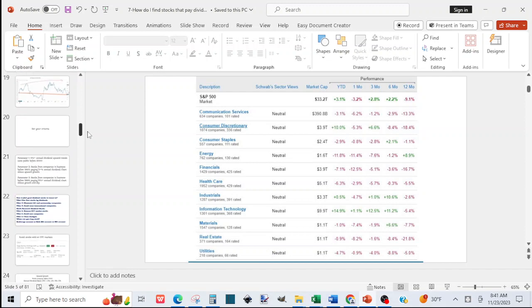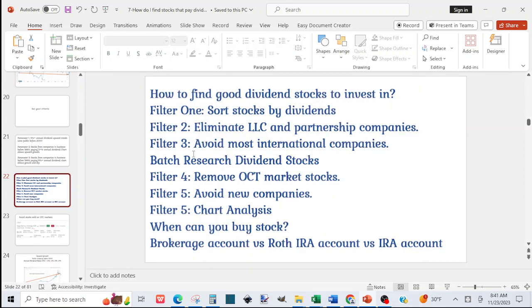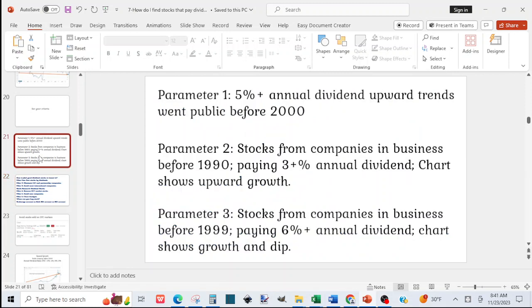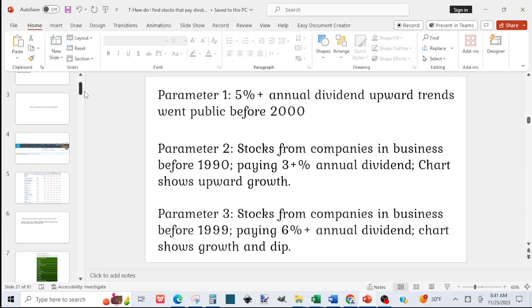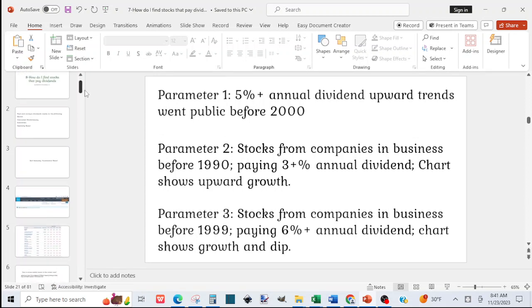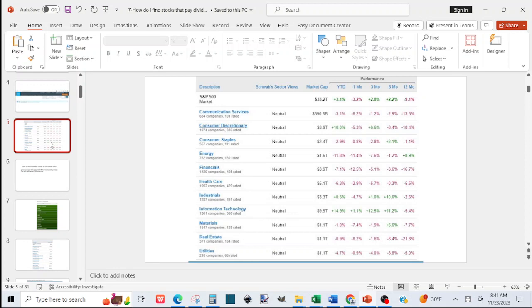You want to use the filter to find good dividend stocks, set your parameters to invest in them, and then look back at your record to see if those stocks you invest in have all the sectors represented in your portfolio.